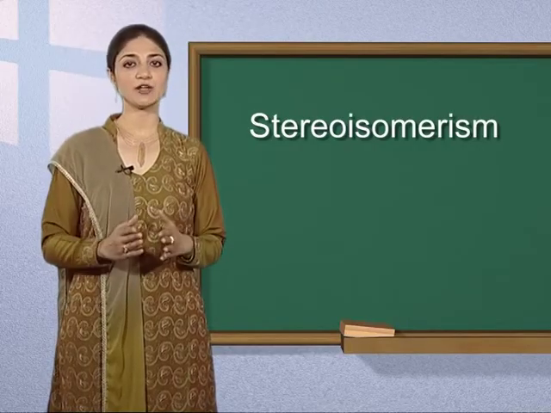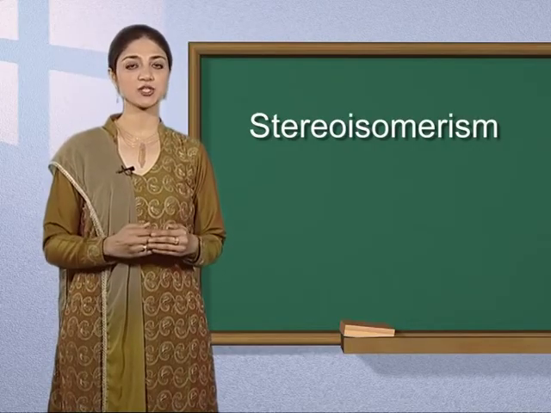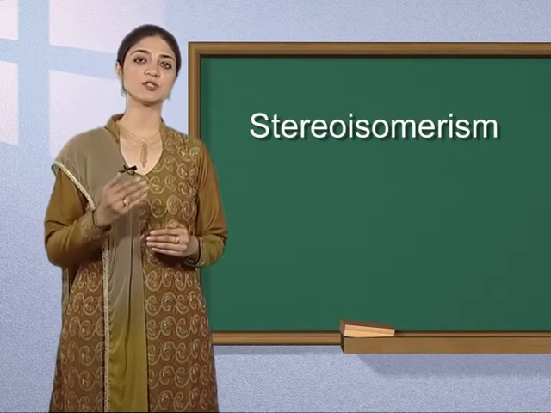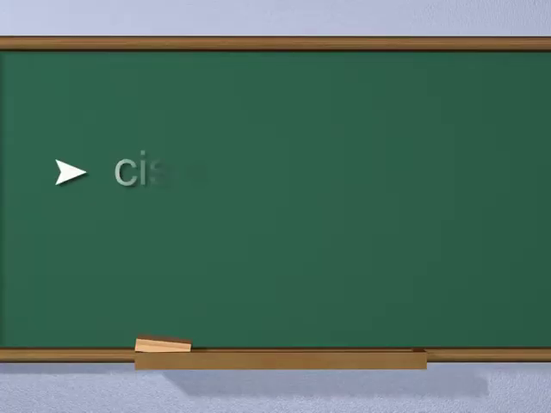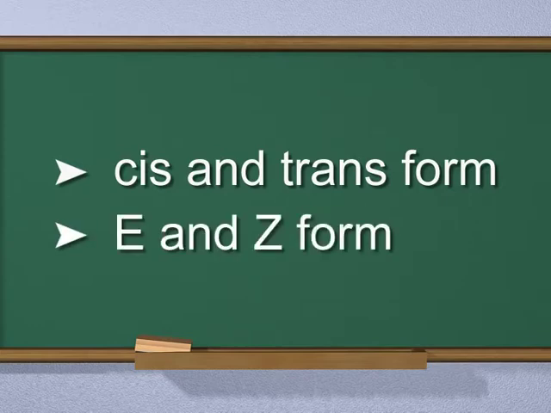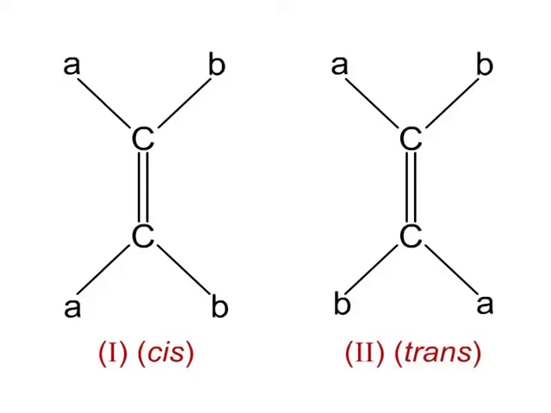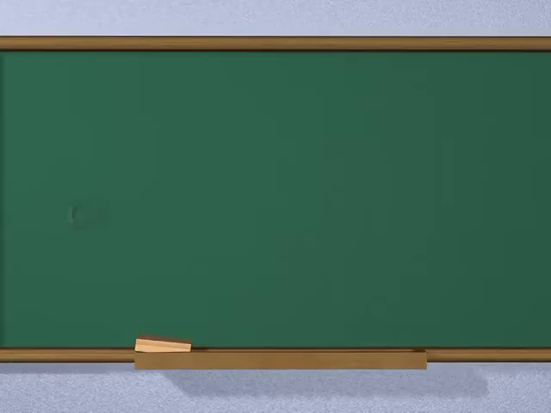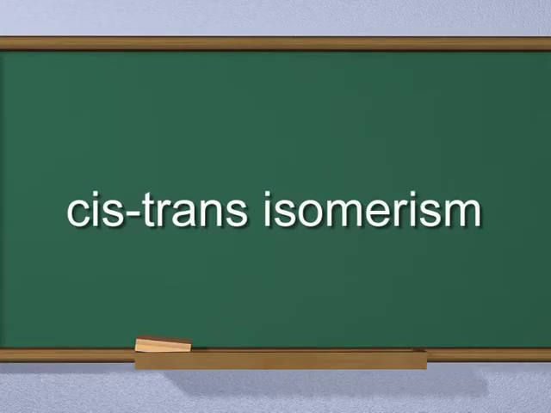These spatial arrangements of groups attached can be expressed in two different ways: as cis and trans form, or E and Z form. Here, spatial arrangement 1 is called cis, whereas 2 is the trans isomer. Such type of geometrical isomerism is also called cis-trans isomerism.